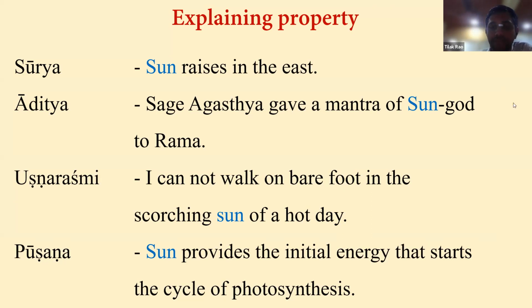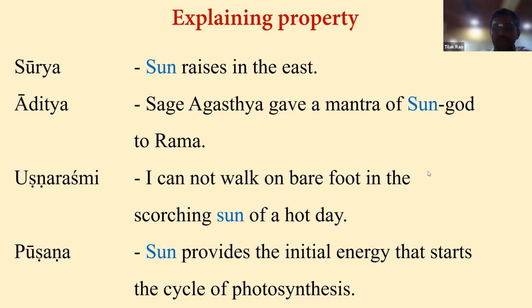Or for example, when we want to say, I cannot walk barefoot in the scorching sun of a hot day, you can use Ushna Rashmi. If you see the English sentences, everywhere we have to use the same term, sun. We don't have any other word. But since Sanskrit words are explaining some property of the object in different conditions, we can use different words like Pushana.